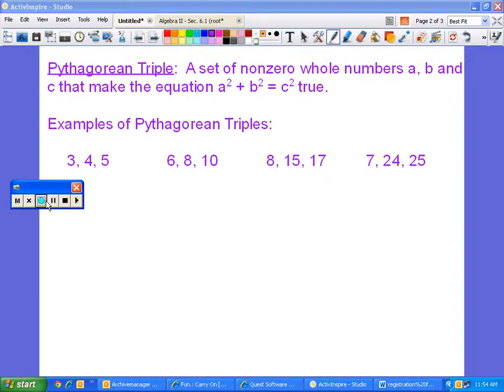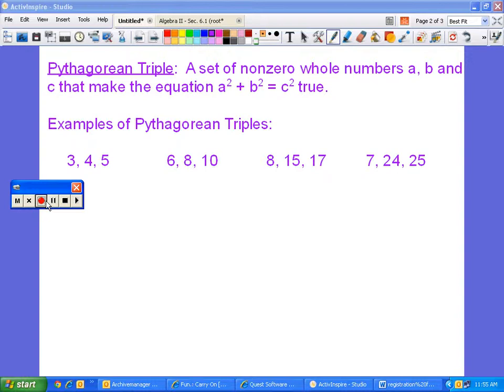Now it's just something that either you learn it or you don't. In other words, even if you're given 3 and 4 as your sides of the triangle, you can use the Pythagorean theorem to find out that the hypotenuse is 5.